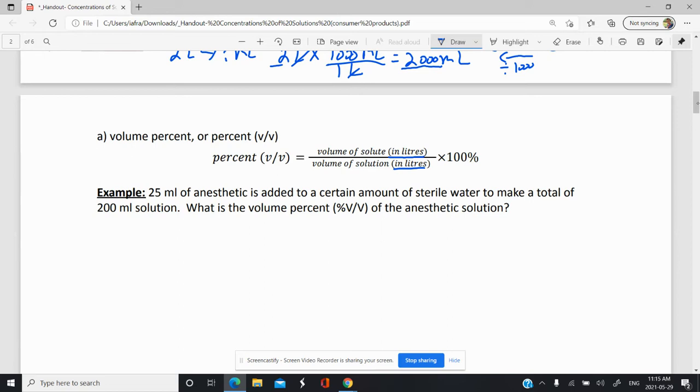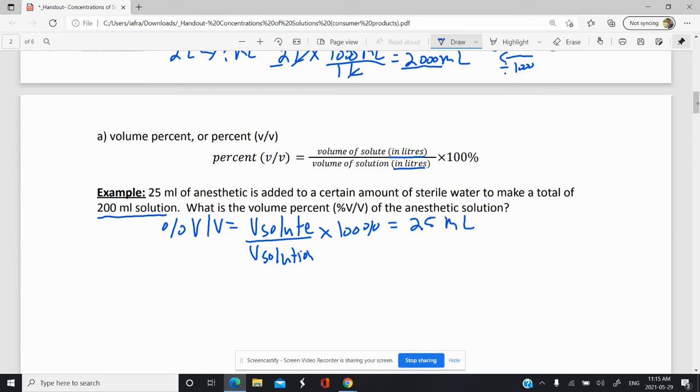So all we're looking for here is the percent VV, so percent volume is going to be equal to the volume of our solute over the volume of our solution, the volume of the total solution there, times 100%. So we're going to do 25 mils over 200 milliliters.